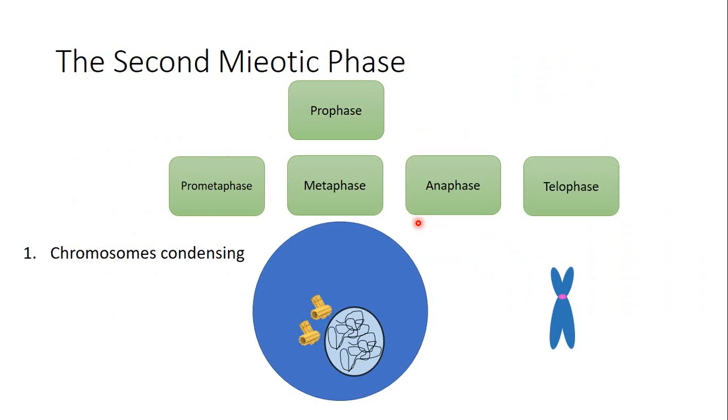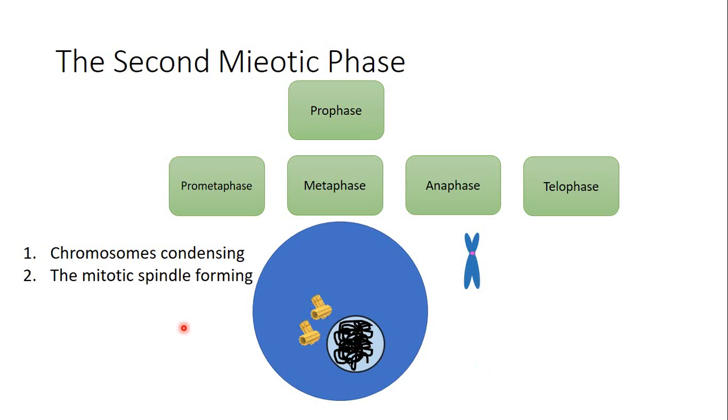The subphases of the second meiotic phase are exactly identical to the subphases in the first meiotic phase. What's happening is exactly the same. The chromosomes are condensing again. But here I don't have chromosome pairing because I don't have pairs of chromosomes anymore.